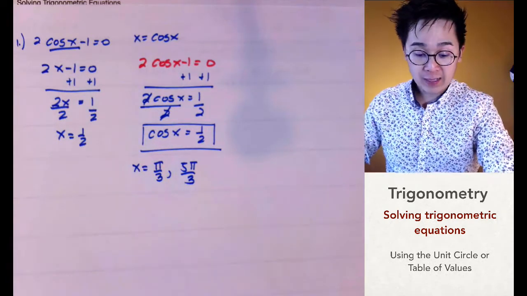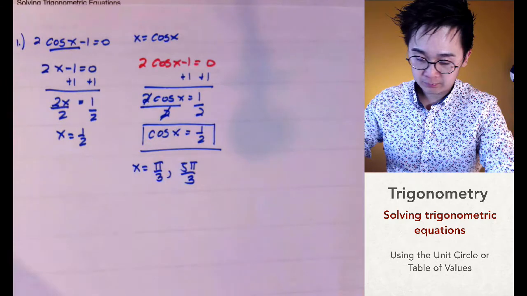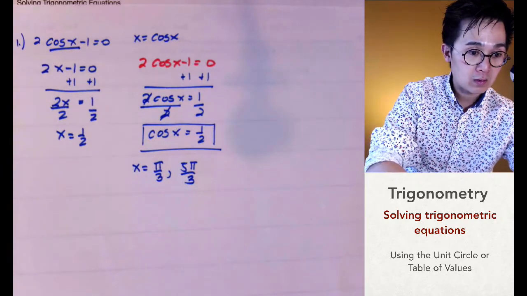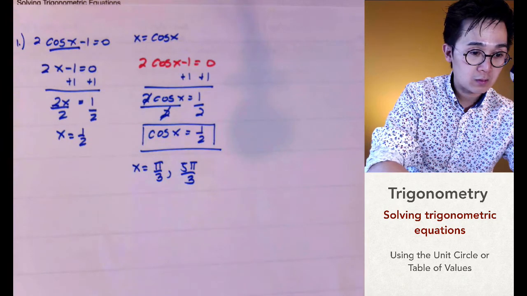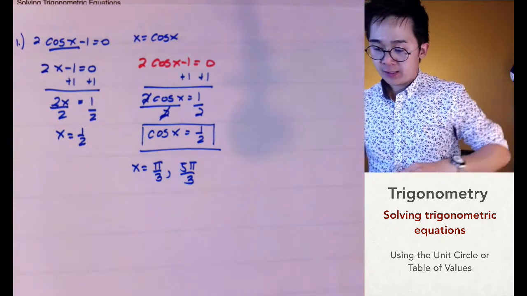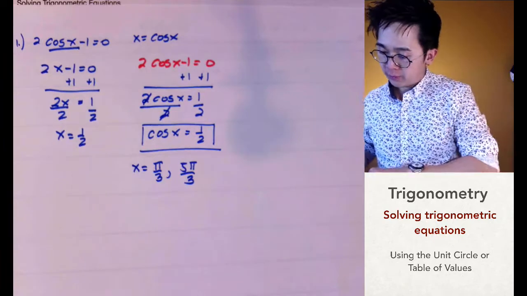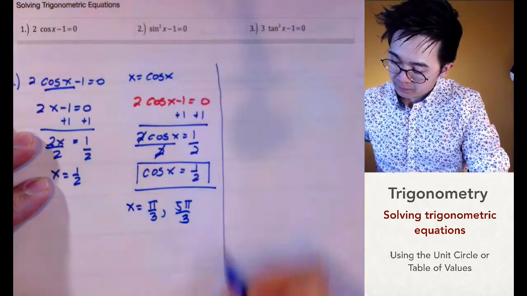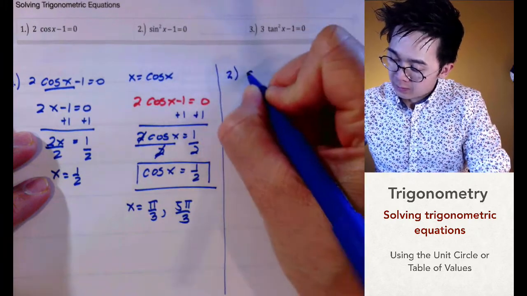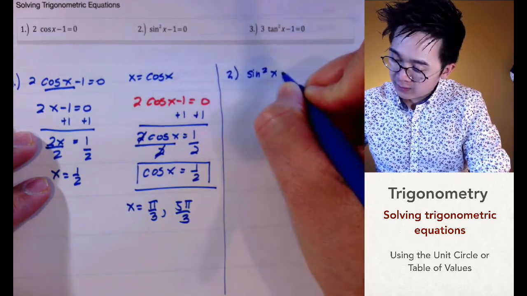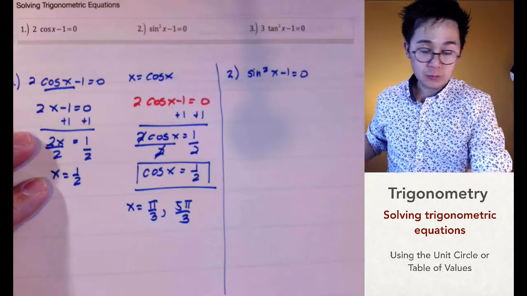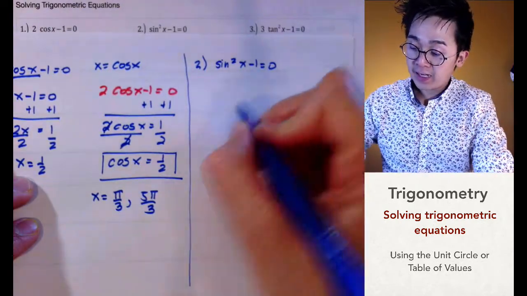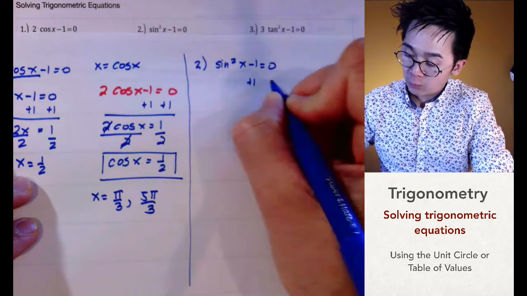So let's go ahead and answer problem number 2. For problem number 2, we have sine squared x minus 1 equal to 0. To solve this problem, we're going to get sine x by itself, so we will add 1 on both sides.